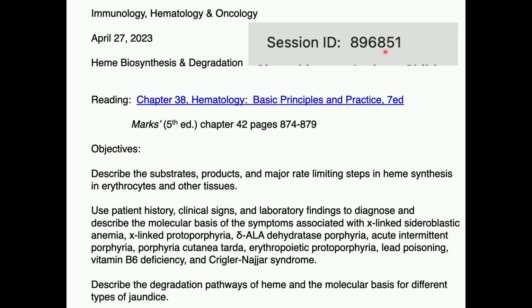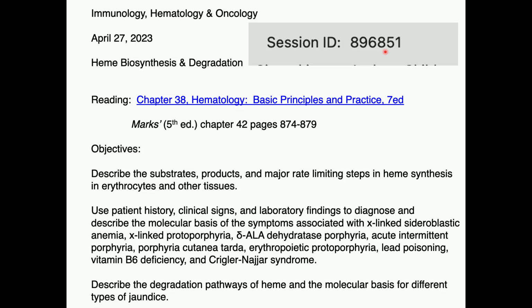So don't get too intimidated by it. On a test question, you're not going to have to distinguish porphyria cutanea tarda from acute intermittent porphyria necessarily, but you'll have to identify a porphyria and distinguish it from a urea cycle disorder or something like that. It's a little tricky, but try to focus on the big picture.